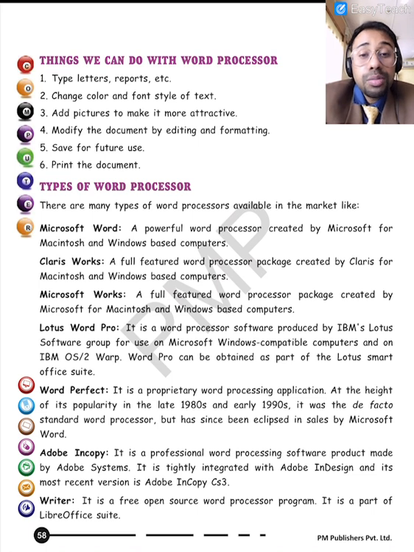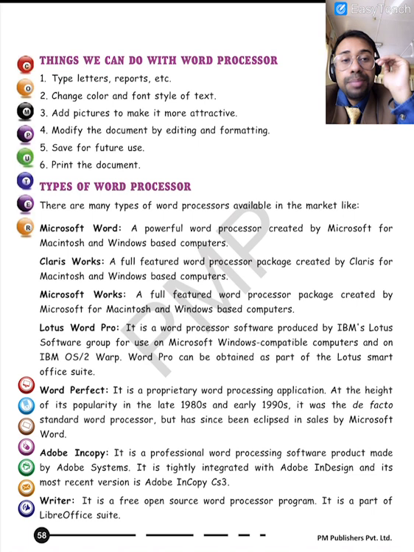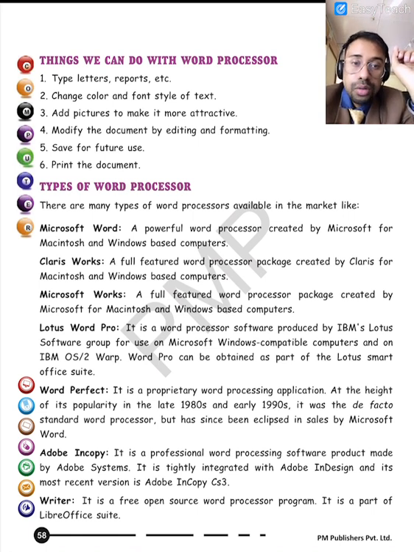We can also modify the document by either editing the document or by formatting it. So we can modify the document by doing any form of editing as well as character formatting. What is character formatting? Like I told you, we can change the appearance of the paragraph, we can change the appearance of the document as a whole, and we can do an entire change in that regard.